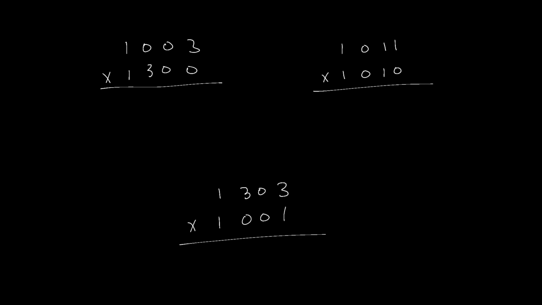Okay, the first problem, we're working off of base 1000. So we're going to say this is plus 3, this is plus 300. For our left-hand side, we're either going to add these two or these two. Either way, it's the same thing. 1303.